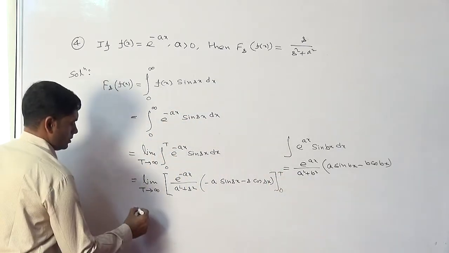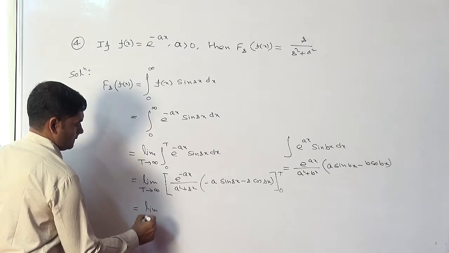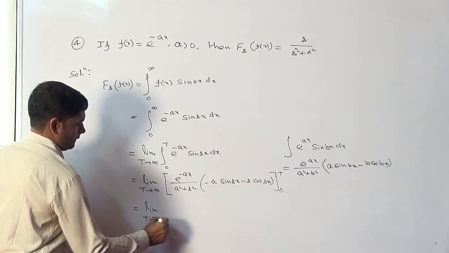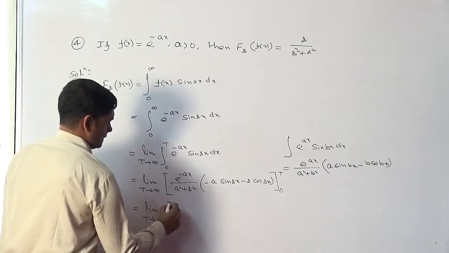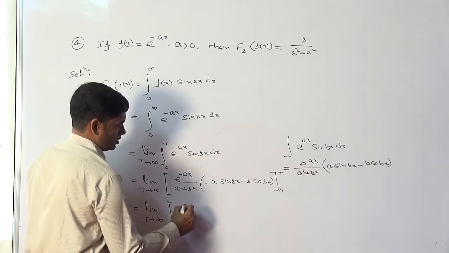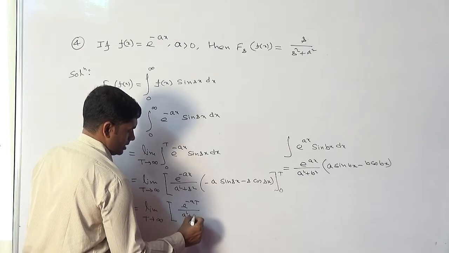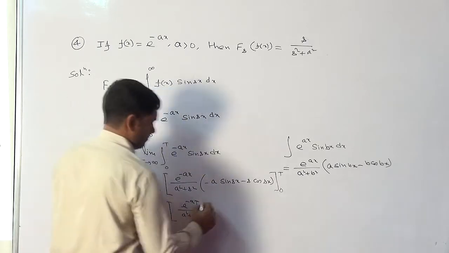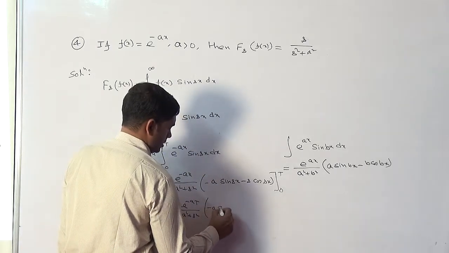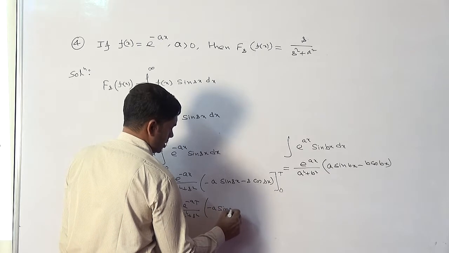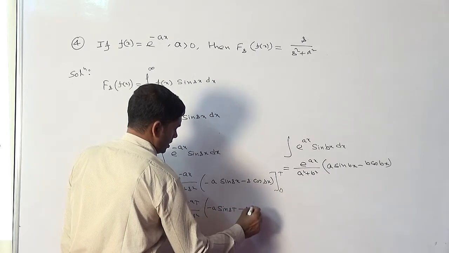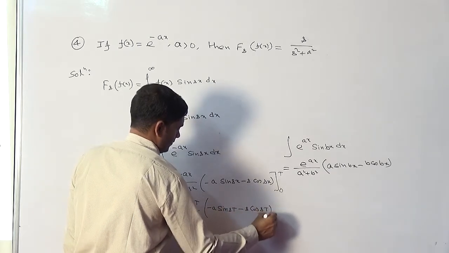So this is the limit t tends to infinity of e to the power minus at over (a squared plus s squared) times (minus a sin(st) minus s cos(st)).